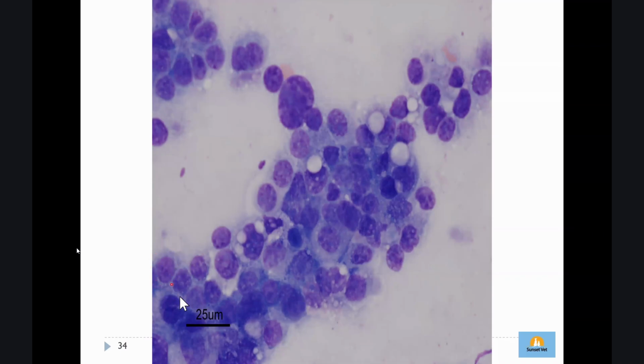This one cell is attached to this one cell, attached to this one cell. So it means it's typically carcinoma. And especially if you still remember the histology, this is typically an acinar structure of the epithelium. You can see it's beautiful on the edge. It's typically of epithelial origin.